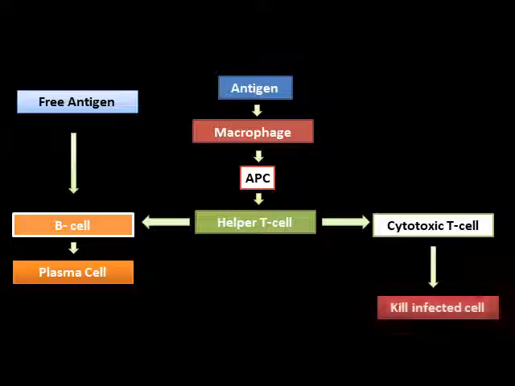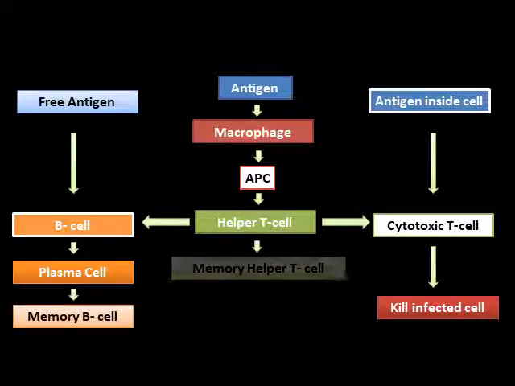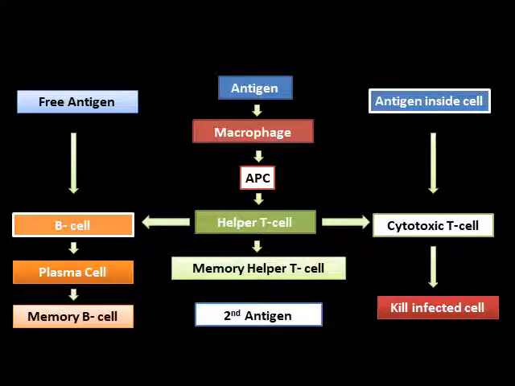If the antigen is on one of our own cells, the infected cell modifies to signal the cytotoxic T cell, which gets activated and kills the infected cell through apoptosis. Whenever this happens, the immune system stores information about the pathogen through the memory B cell and the memory helper T cell so that after another attack from the same pathogen, there will be a faster response because it can directly be attacked by the B cells and the T cells.